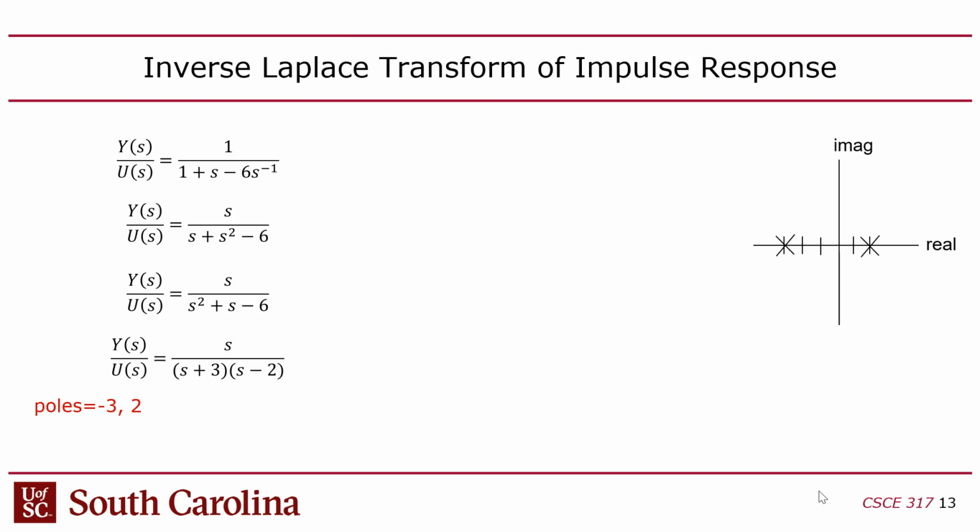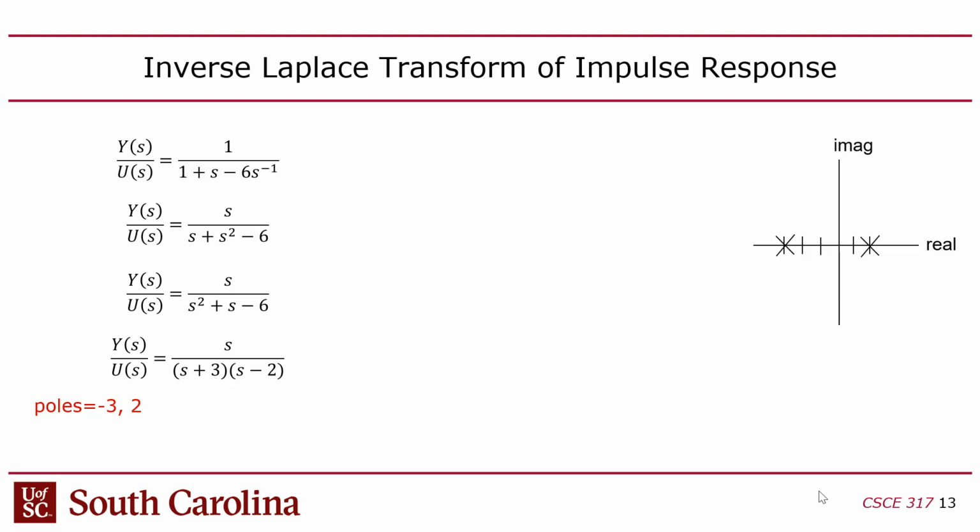Poles are values of S that create a divide by zero in the transfer function. If those poles are in the left-hand plane, meaning the real components are negative, then it's stable, if all the poles are in the left-hand plane. If even one pole is not in the left-hand plane, meaning it's zero or positive, then the system is unstable.